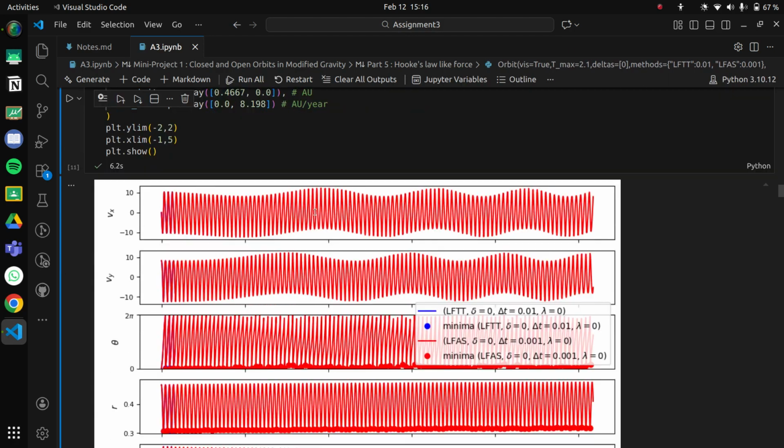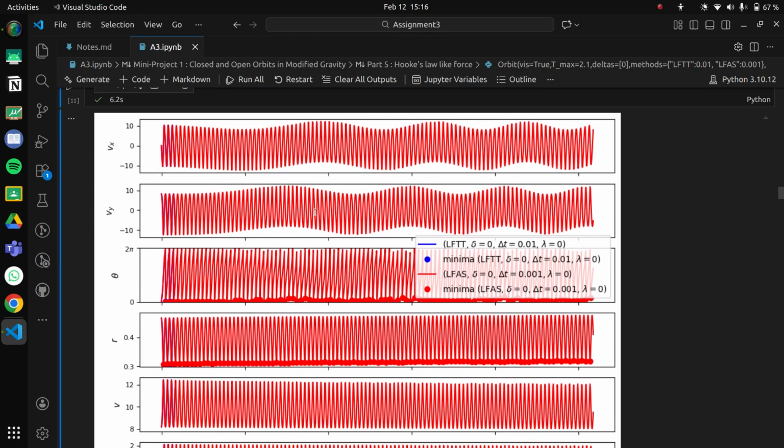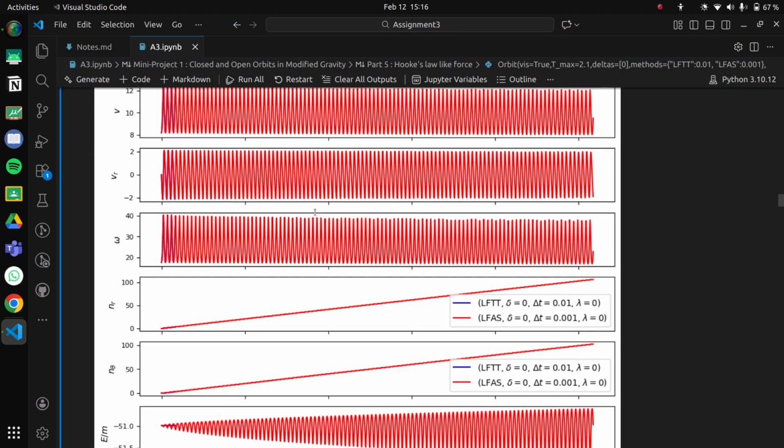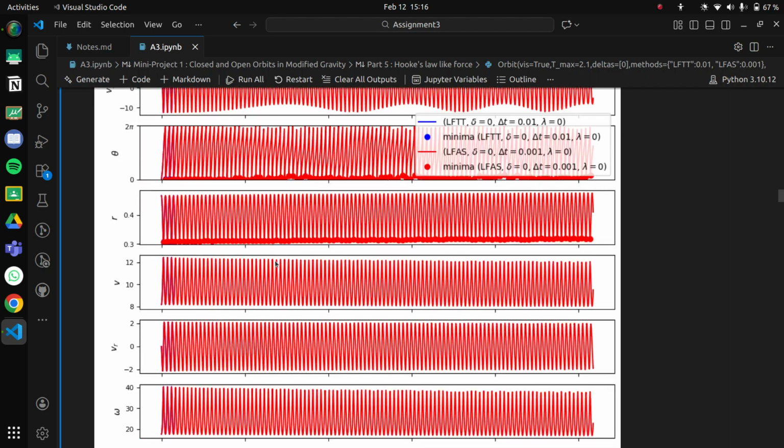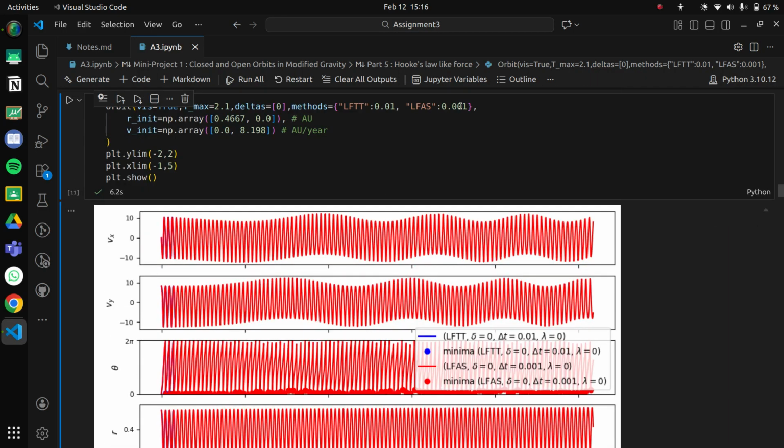Okay. So it seems it's overlapping. That's fine. Wait, what? Where's the blue one? Oh my god, what is this? Why is it? Oh, because it's 0.001. I'm gonna decrease this.